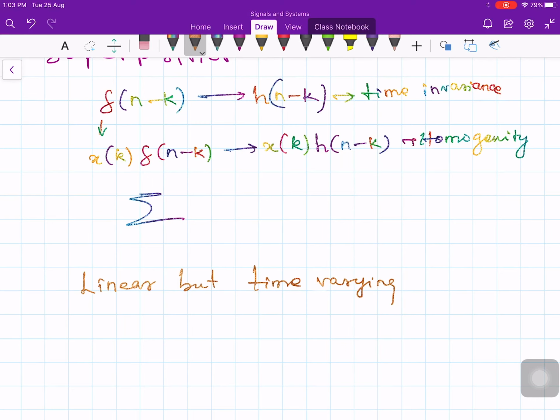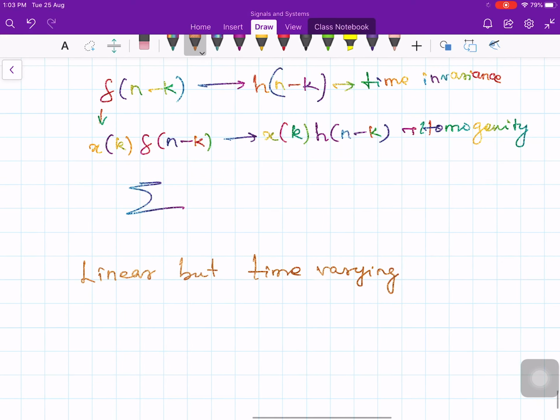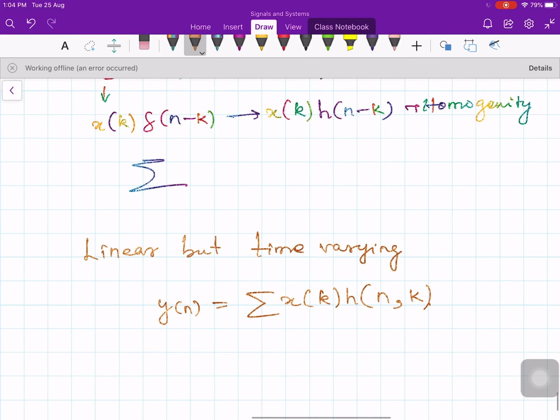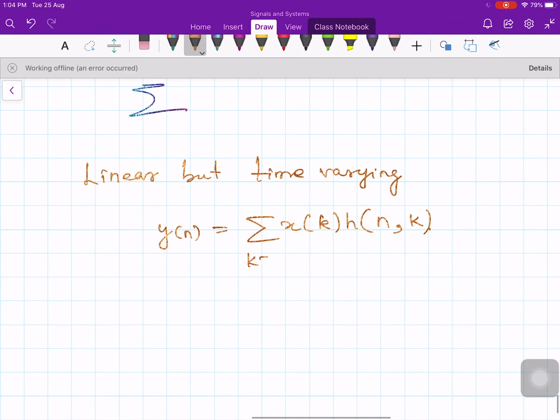In that case, your y of n is not going to be x of k multiplied by h of n minus k. Instead it is h of n comma k, where k goes from minus infinity to plus infinity. So instead of h of n minus k, we put h of n comma k.